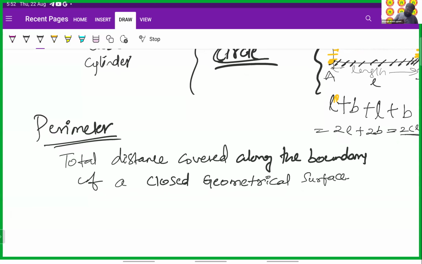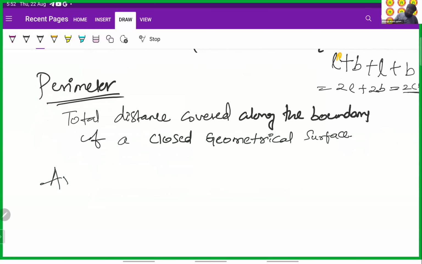Okay. What is area? Sir, the inside part. Yes, the enclosed inside part of any closed geometrical surface.